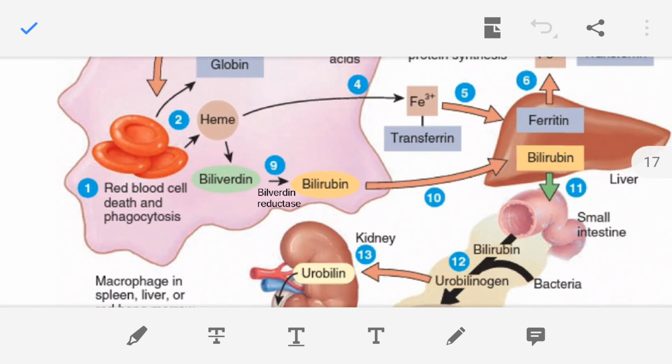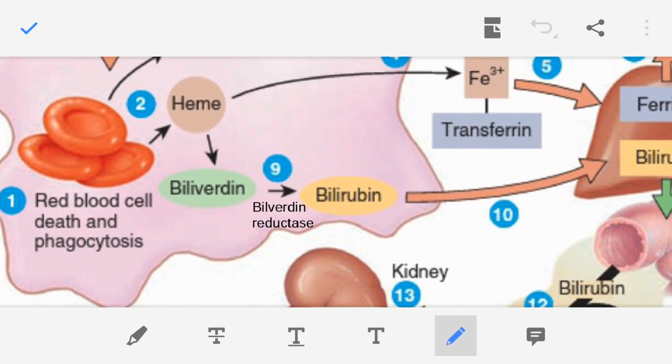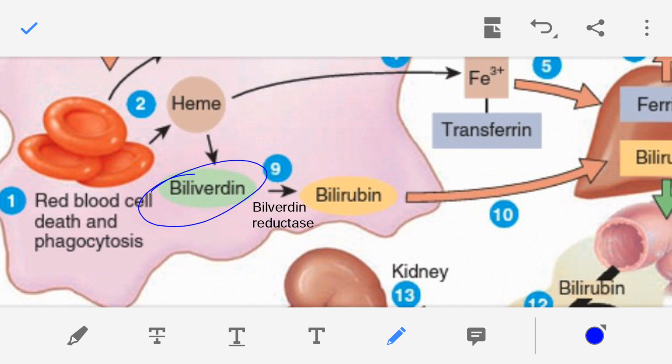Now what is happening to biliverdin? Formation of bilirubin from biliverdin is a catabolic process, and this is the first catabolic process in the macrophage, and the enzyme responsible for this catabolic process is biliverdin reductase.